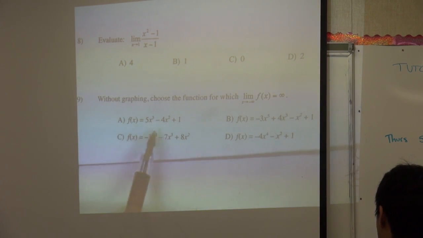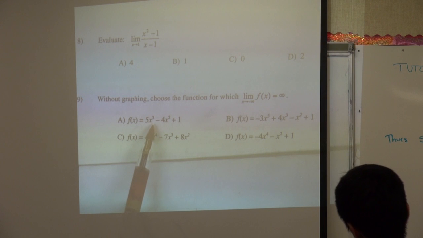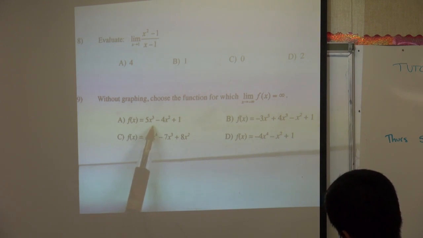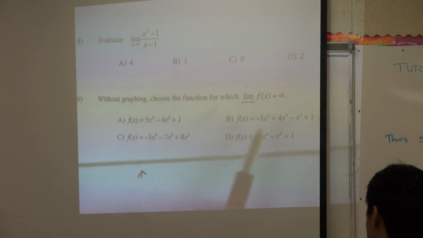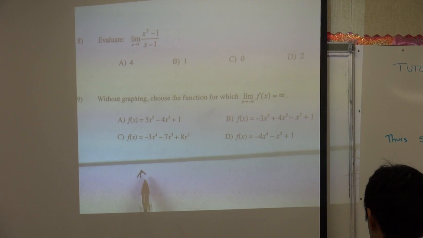For this one, it's cubic, positive leading coefficient. The right side would go up, the left side would go down. It's not this one. This one is an odd function with a negative leading coefficient, and this is the correct answer, because a reflection means that the right side goes down and the left side goes up.